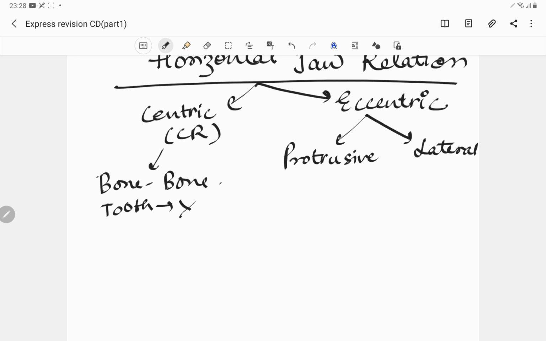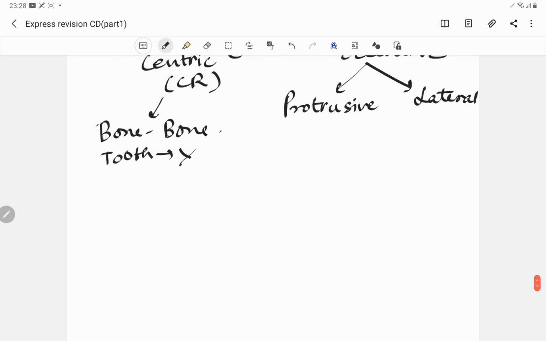And this position is clinically discernible when the mandible is directed superiorly and anteriorly, and it is restricted to purely rotary movement around the transverse horizontal axis, or the hinge axis. So there is going to be rotatory movement of the condyle.